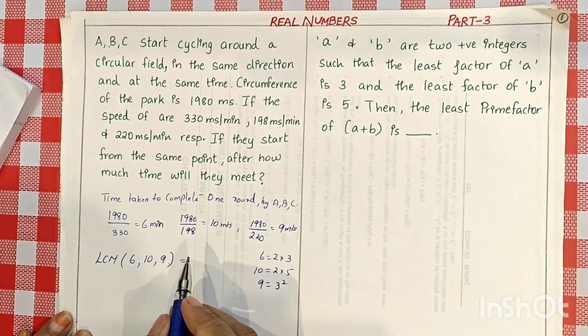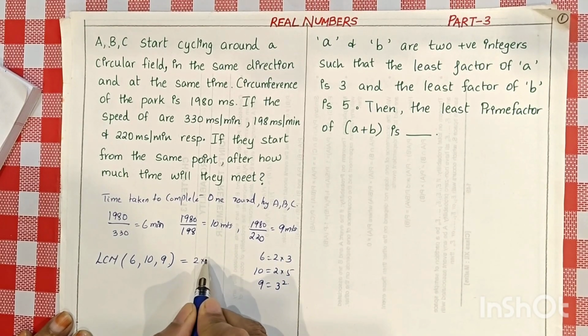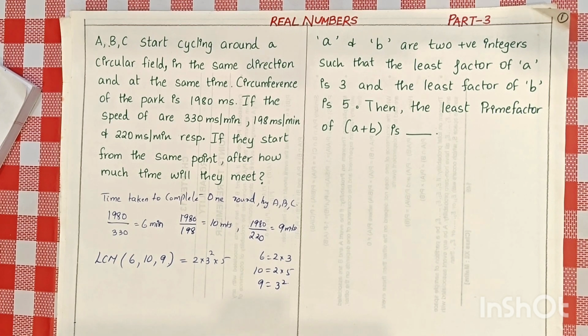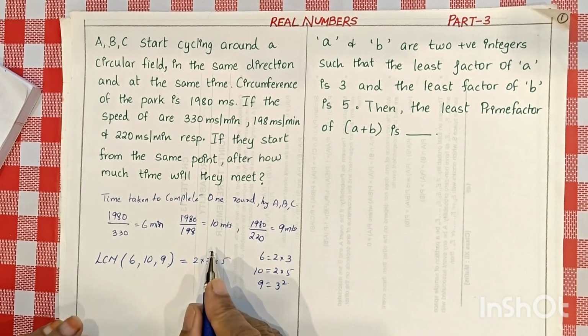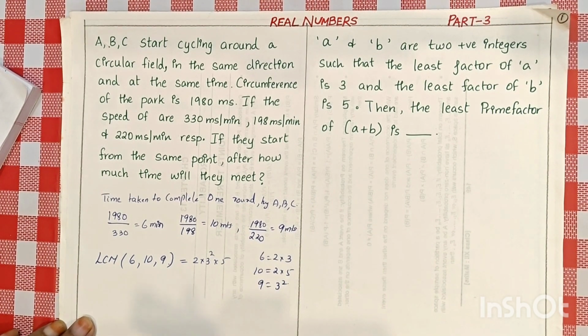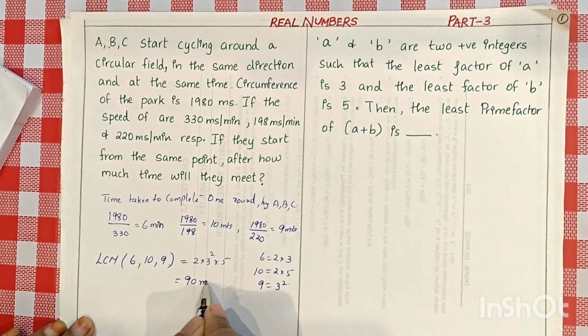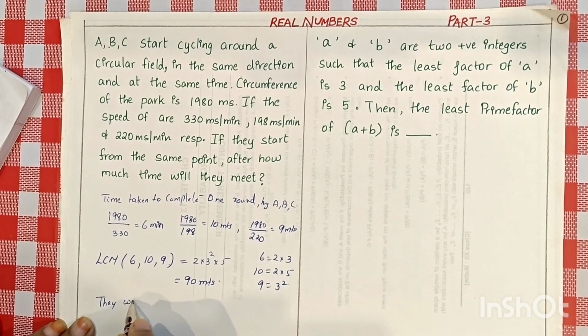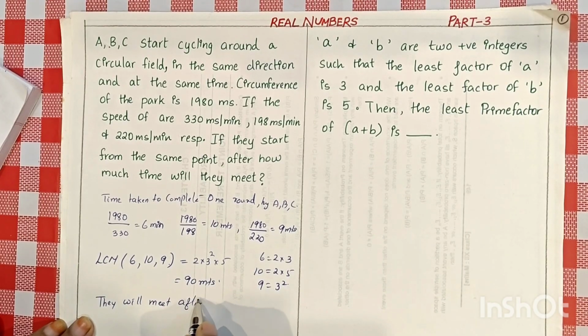So it is 2 into 3 squared into 5. So 3 squared is 9, 5 into 10, so 90 minutes. So they will meet after 90 minutes.